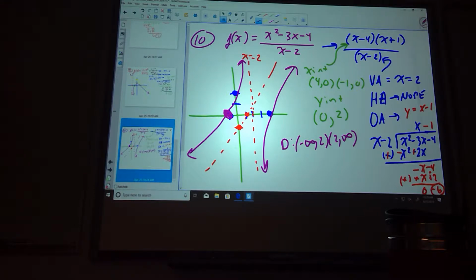Honestly, if you were to do the 15 questions multiple choice, and you get the one kid going, I'm going to graph every one of these. Well, there's 15 questions. Each question has 4 answers. If you tried to graph all 4 answers, there's not enough time between now and the end of the school year for you to graph everything. Plus, you can't see holes on your graphing, so that's not going to help you.